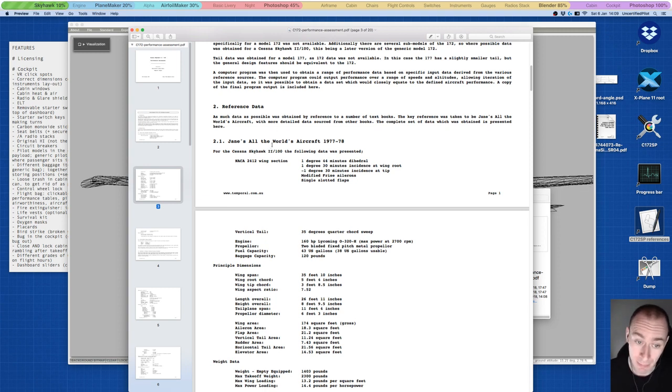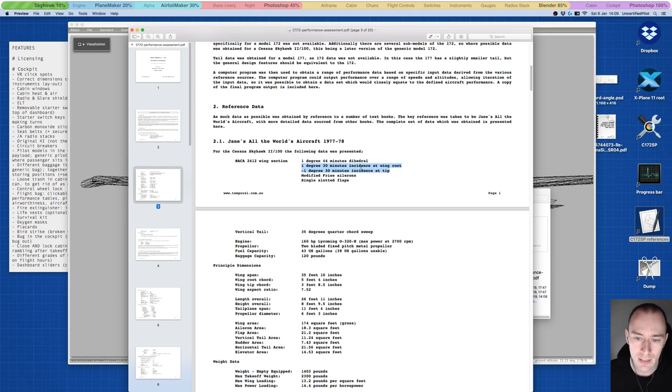And apparently from that book, John found out about these levels of incidence. You can see 1 degree and 44 minutes of dihedral, which we can convert to just degrees. And also the incidence: 1 degree 30 minutes incidence at the wing root and 1 degree 30 minutes incidence at the tip.